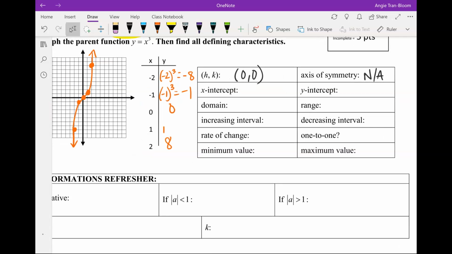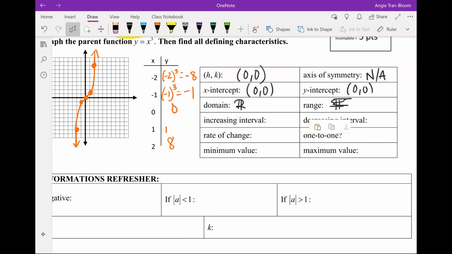X-intercept, Santana, for the parent function is? Good. Y-intercept, Emily, is? 0, 0. Beautiful. What is the domain, Kyler, for our parent? Perfect. What is the range, Chris, for the parent? All reals, you're right.